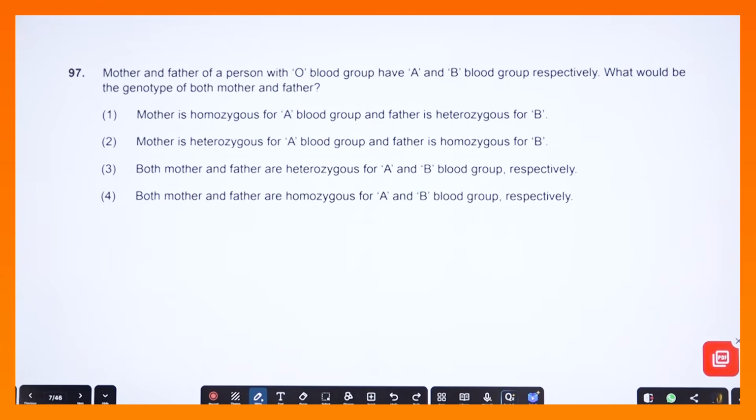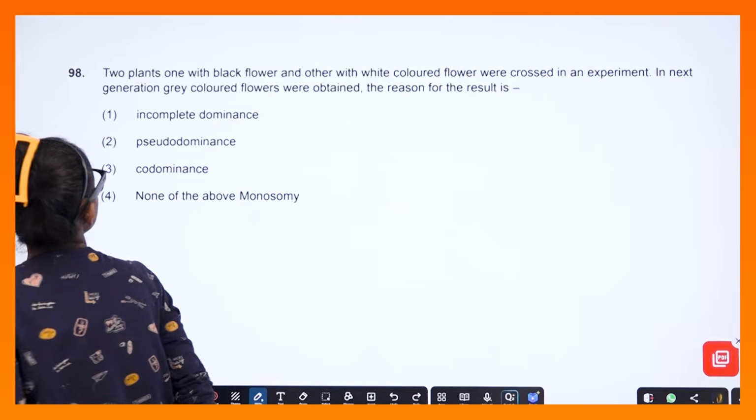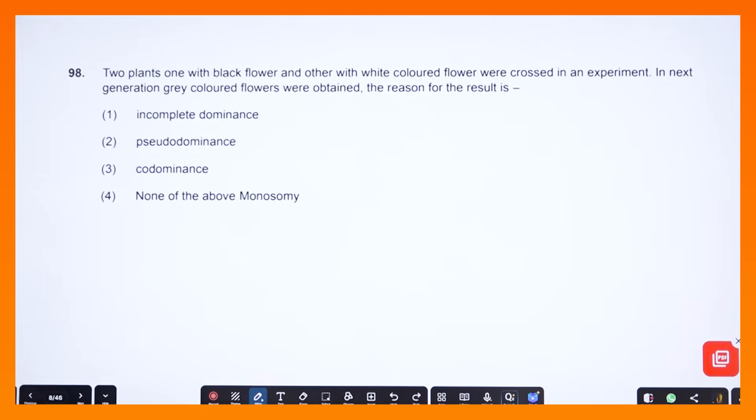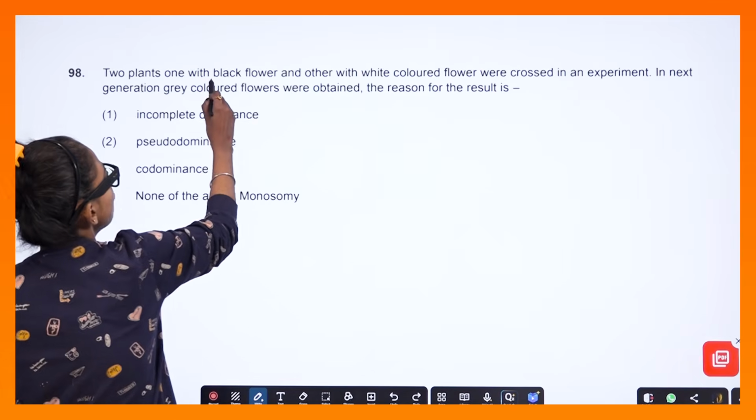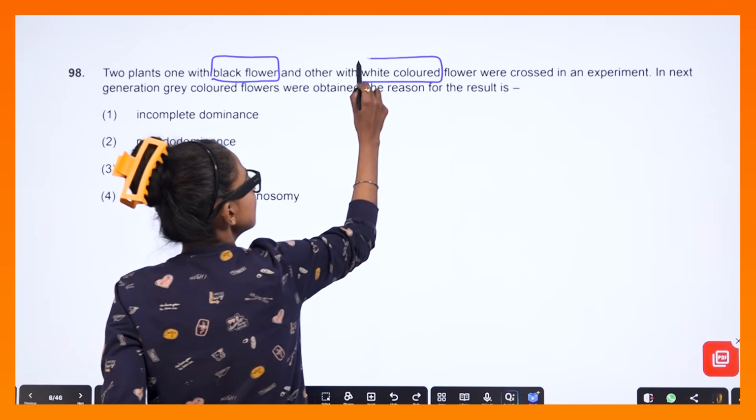Okay. Fine. I'll do a question on blood group that I found a little better. Let's do this one first. Two plants: one with black flower is crossed with white.